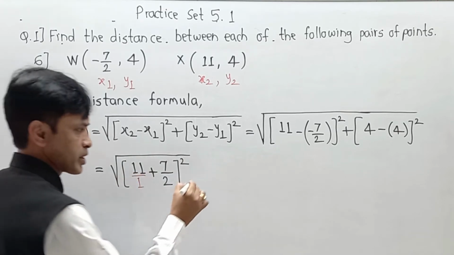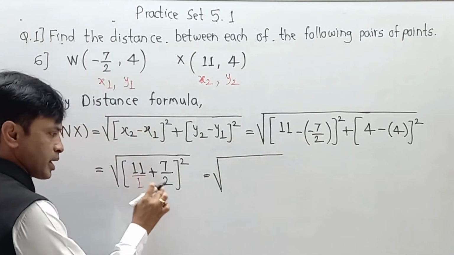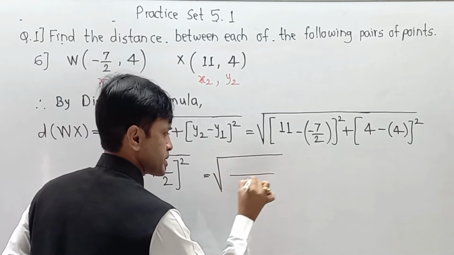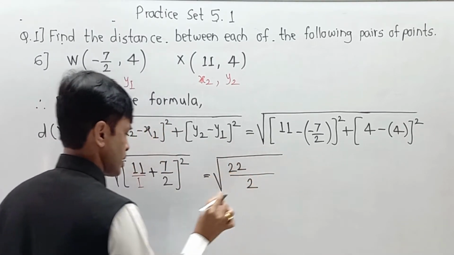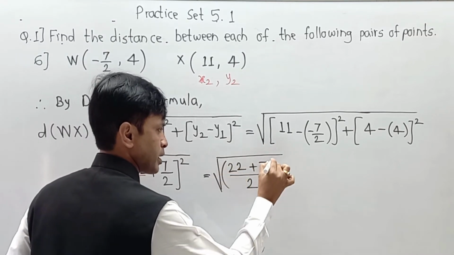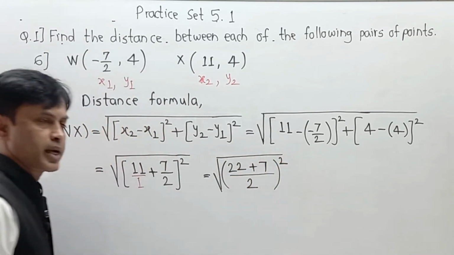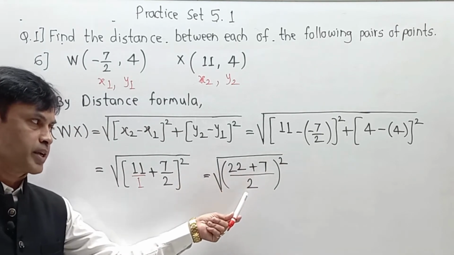Next step for simplification, it is equal to, here 2 into 1 is 2 as a common base, 2 into 11 is 22, and 1 into 7 is 7, so plus 7 total bracket square, and everything is in under root. Now your part is 22 plus 7 upon 2.